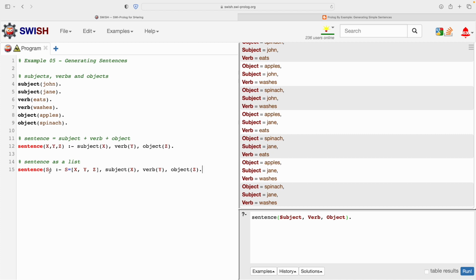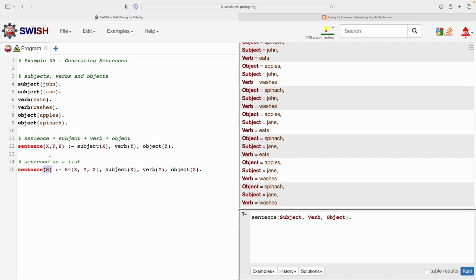In fact, what we've written here is sentence now has an arity of 1. So this is sentence/3, which has an arity of 3. This new definition, sentence with S, just one sentence, has an arity of 1. And the two are seen as different. So in Prolog, these two have the same name, and they don't clash because they have a different arity.